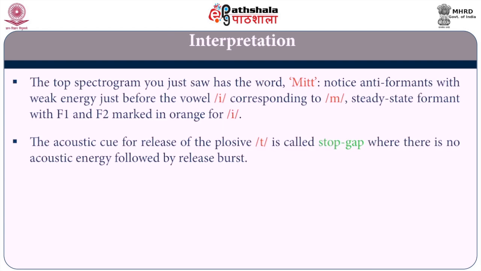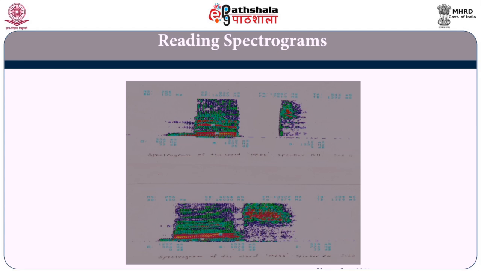And then you have the stop gap. Because the word is ending in a voiceless plosive, there is no voice bar. It is called stop gap. And then the t in mit is released. The plosive t is released. So this is called release burst, the last part of it.